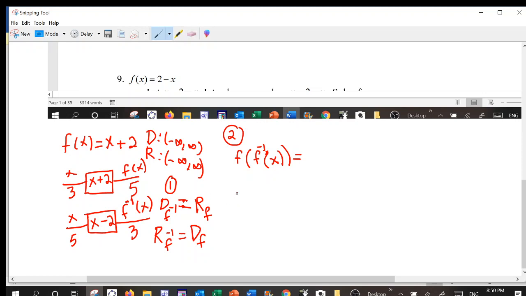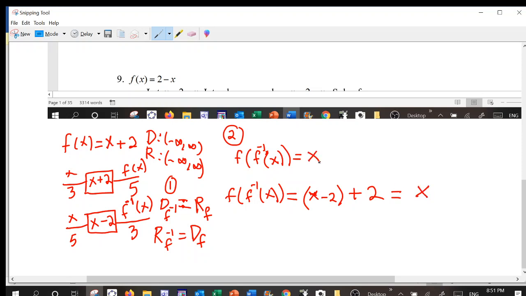F of f inverse of x would be, if I take f, which is input plus 2, and put the inverse in it, which is x minus 2, what do I get? I get x minus 2 plus 2, which is x.